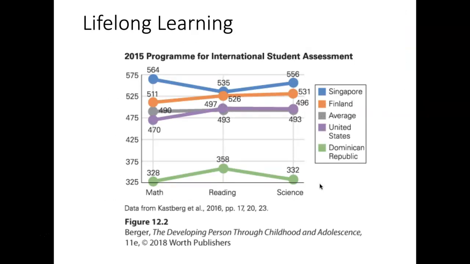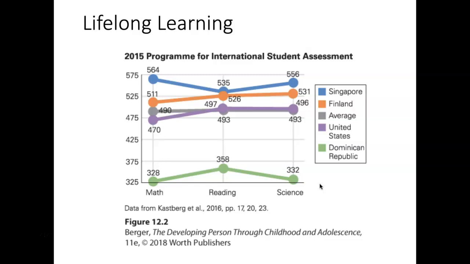In 2015, the Program for International Student Assessment looked at achievement scores in all of these different countries, and you can see them listed there: Singapore, Finland. There's an average in gray: the United States and the Dominican Republic. And so you can see increases over time, and the Dominican Republic had an increase in higher levels in reading than they did in math and science.